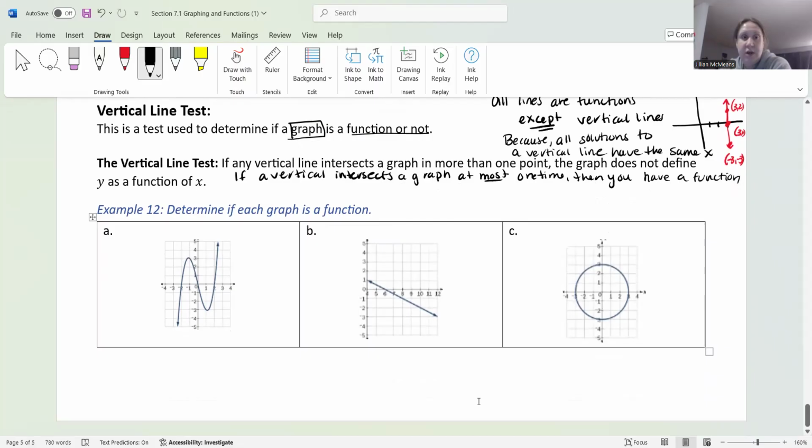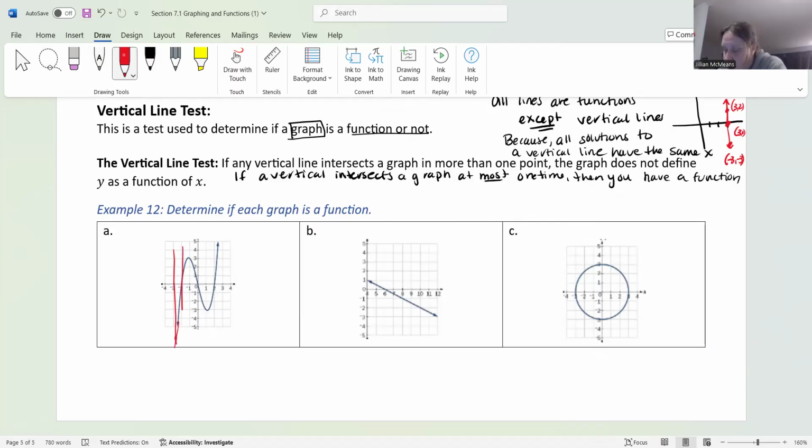So right here, for example 12, it says determine if each graph is a function. Part A is kind of wacky looking, but could you sweep a vertical line across this graph and ever touch the graph more than once? The answer would be, well, no. I'm going to use red so you can see it clearly. If we have this vertical line right here, we would eventually cross the graph down here just once.